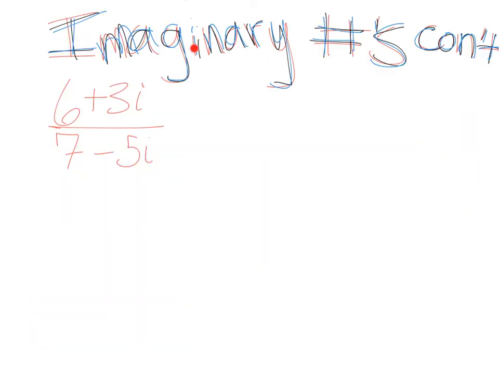Alright, so this is imaginary numbers continued. So now we are going to be dividing two complex numbers. In order to divide two complex numbers, what we really want to do here is multiply by the complex conjugate of the denominator. So the complex conjugate of 7 minus 5i is 7 plus 5i.